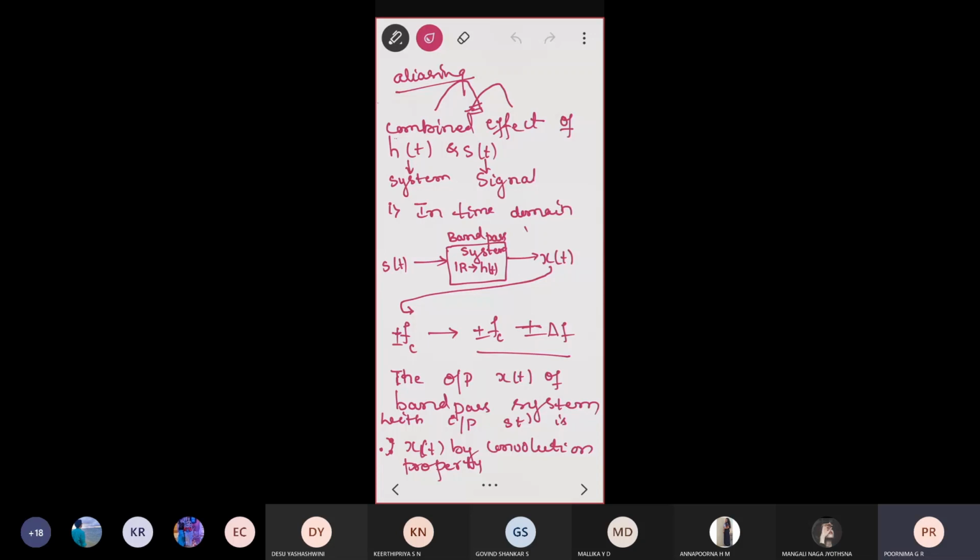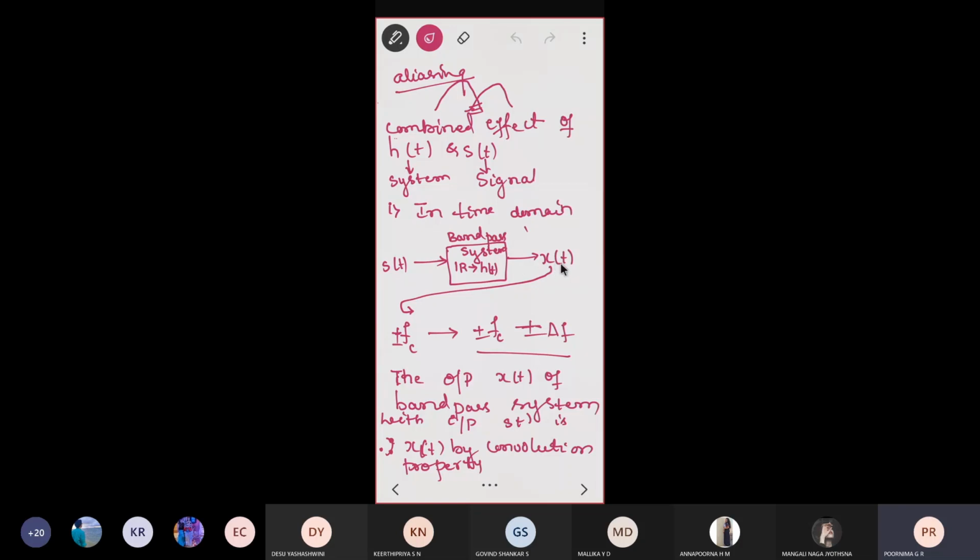Whenever you consider a bandpass system, we know its impulse response is h of t, and to such a system we apply a bandpass signal s of t, and the output is termed x of t. There are two analyses we can make: one is the time domain analysis, and the other is the frequency domain analysis. In time domain analysis, s of t, a bandpass signal, passed through a bandpass system having impulse response h of t gives an output x of t.